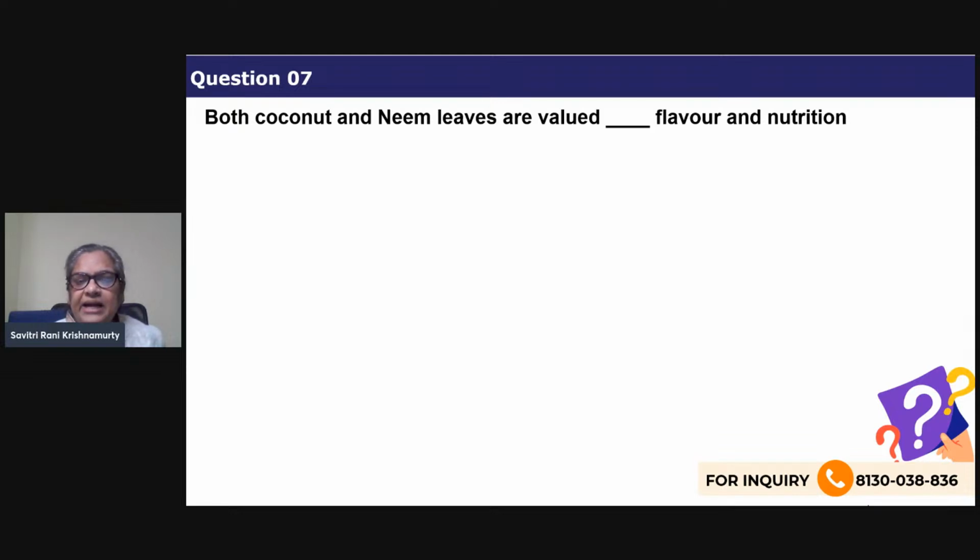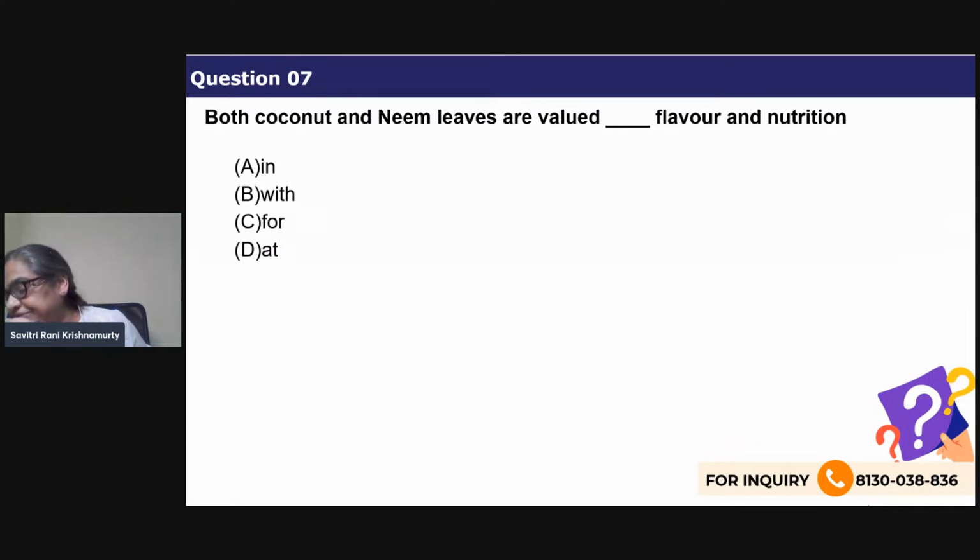Both coconut and neem leaves are valued dash flavor and nutrition. What is the preposition I need here? Question 7.